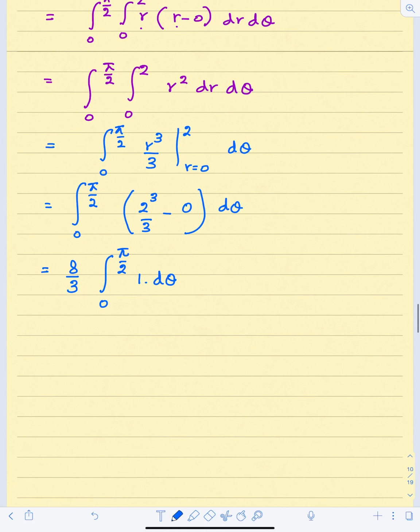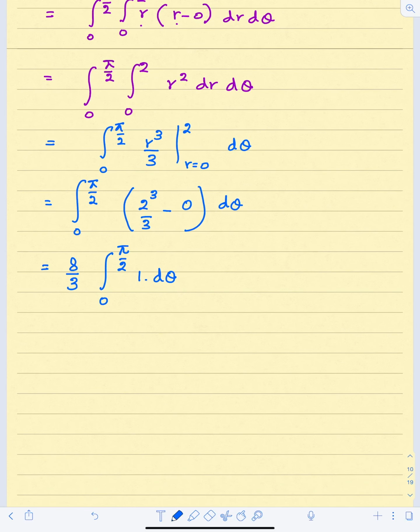So now our last integral corresponds to 1 d theta. The integral of 1 with respect to the theta variable is theta. So we have 8/3 times pi over 2.